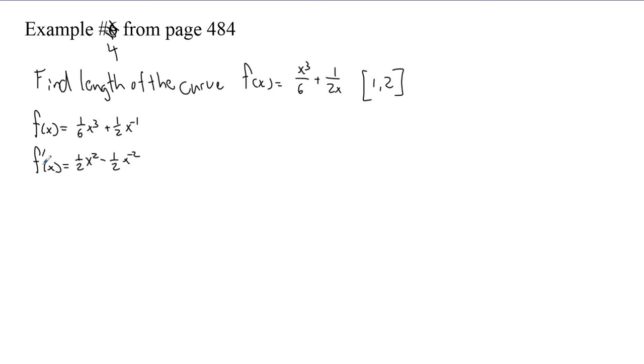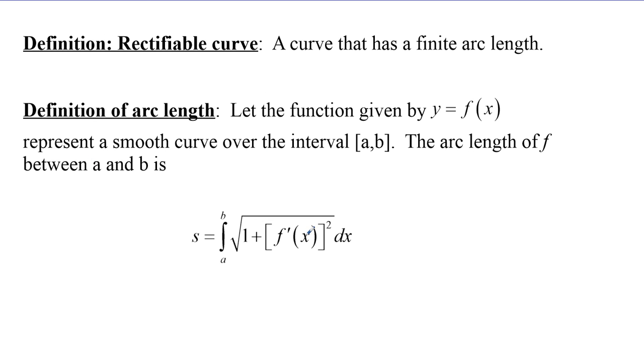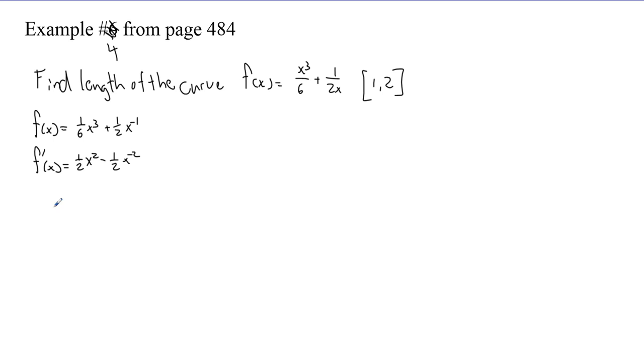All right, so there's my first derivative. I'm going to bring in the equation for arc length, and it is s equals the integral from a to b, in this case from 1 to 2, of the square root of 1 plus that first derivative squared. So let's write that out.